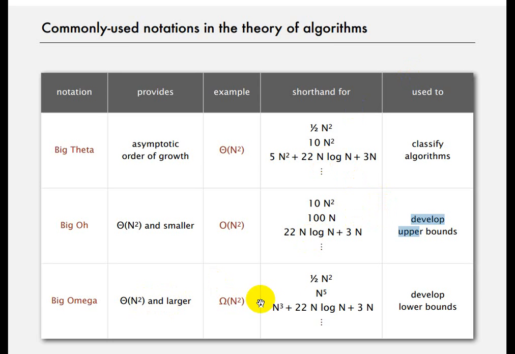Big omega develops lower bounds for the algorithm. It means that you have to take at least this much time. Big O is upper bound. It means this is your worst case scenario. And big theta is the actual analysis, and that's what we typically use to classify algorithms.